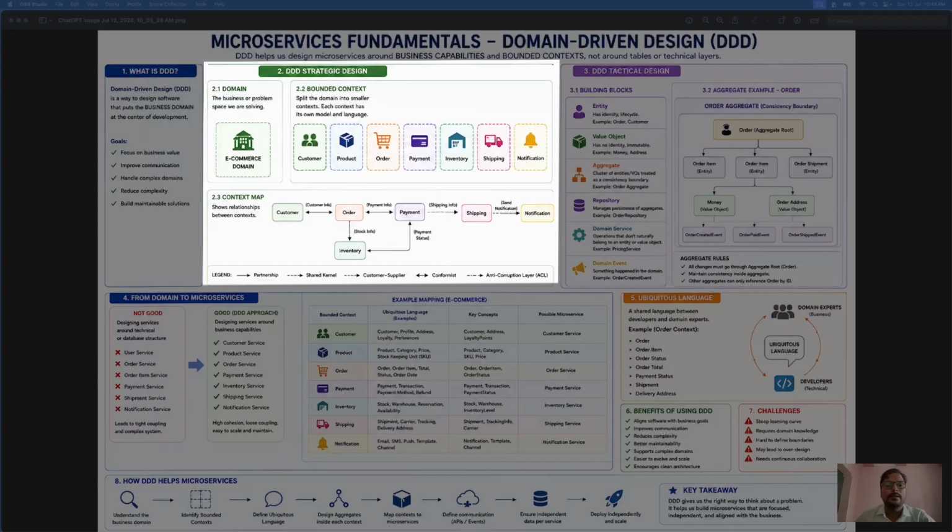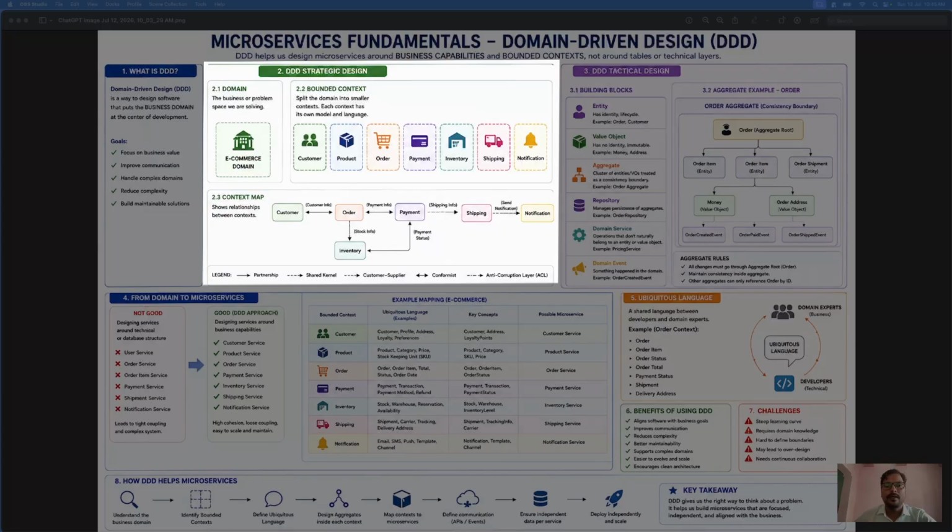Right, now let's move to strategic design. You can see the second point in the diagram, right? Strategic design helps us to divide a large business into smaller business areas. If you have a bigger business, how can we divide it into smaller parts? Let's imagine we are building an Amazon application. Amazon does not have one responsibility.